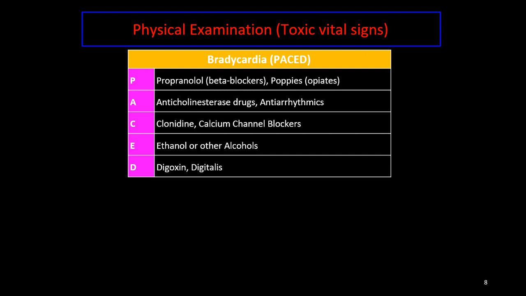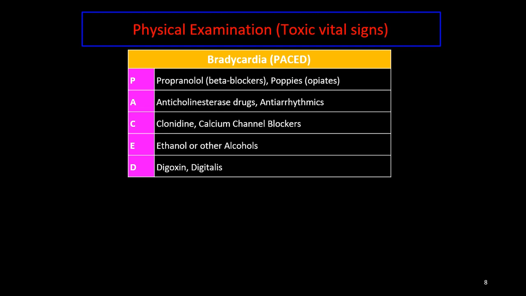Okay, tachycardia. Which poisons cause tachycardia? Which drugs cause tachycardia? Theophylline. Okay. Which group of medicines cause tachycardia? Sympathomimetics. Okay. Anything else? Cocaine. Cocaine is a sympathomimetic.